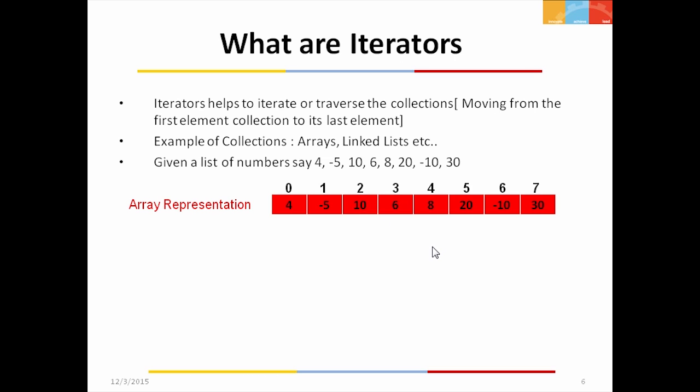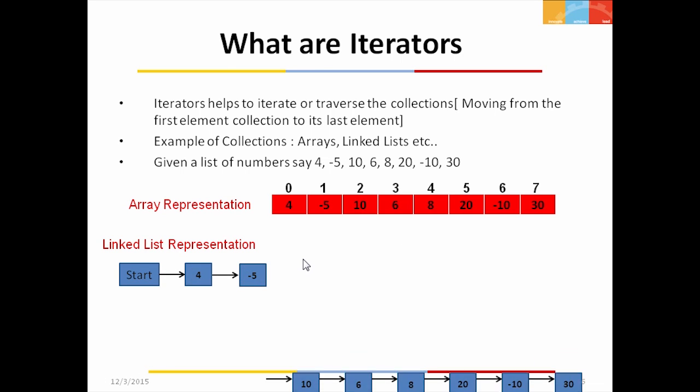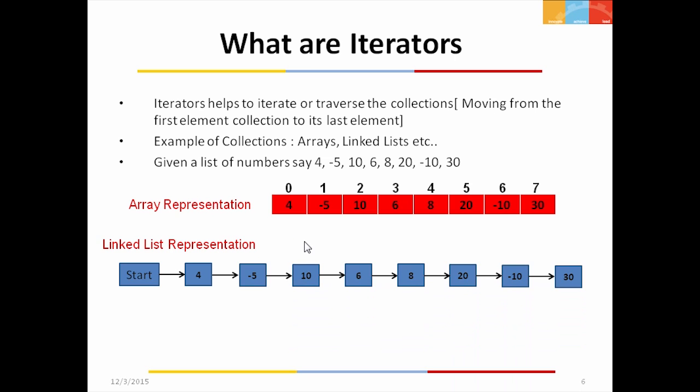If it is an array, then it would look like this. The first element of the array would be 4 and the index is 0. Second element is -5, index is 1, and so on. If it is a linked list, then it would look like this. There will be start, then there will be 4, -5, 10, 6, 8, and so on.